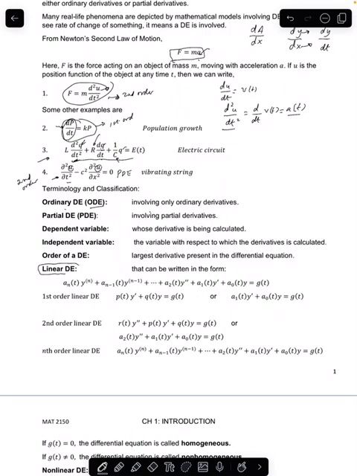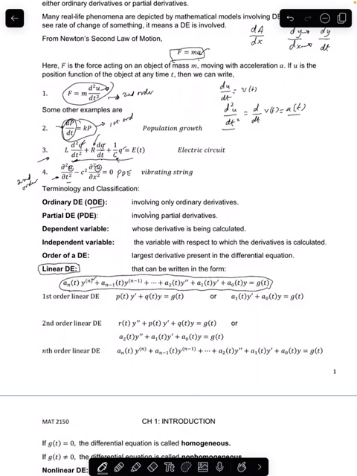So what is a linear DE? We say a linear DE will be a differential equation of this form. Now it is hard to understand what is written here, but let me explain. Here this is the nth derivative, whatever n may be.